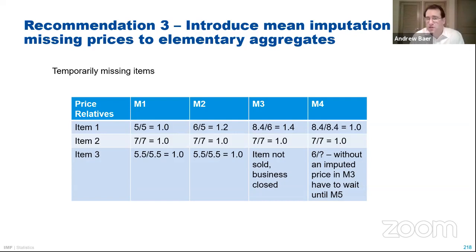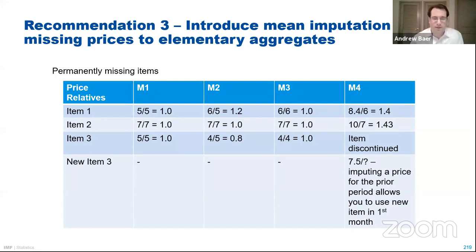In a situation like COVID and crises like this, where reporting is already very limited, we want to get in as many items into the index as we can. So simply imputing the price in month 3 will let us reintroduce the item in the 4th month immediately.